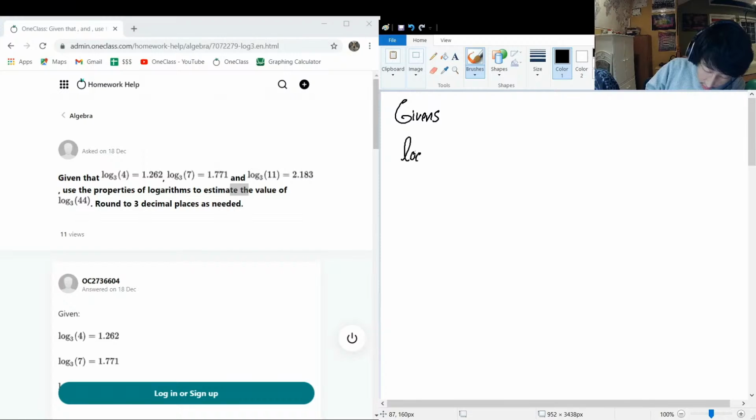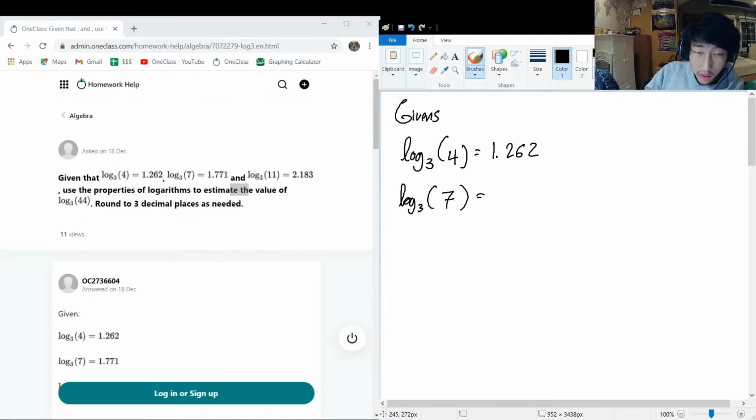We know that log base 3 of 4 is equal to 1.262. Log base 3 of 7 is equal to 1.771.